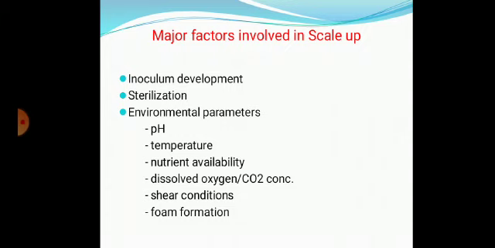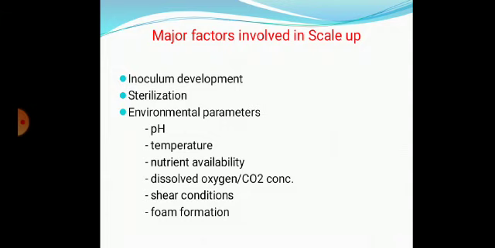So while doing scale up, you have to see that the pH is constantly maintained between lab scale and large scale. Similarly, temperature, nutrient availability, everything tends to get changed because of scale up. So all these parameters have to be kept constant. So how many parameters? You can just count the number: pH, temperature 1, 2, nutrient availability 3, oxygen and carbon dioxide 4, 5, 6, 7.